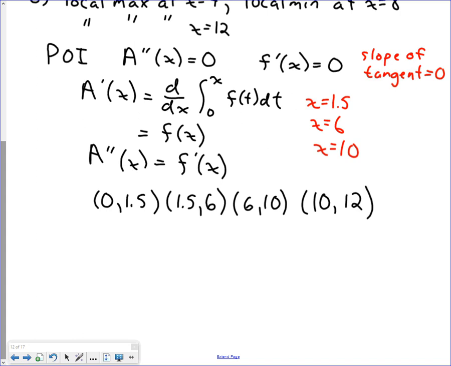And in this interval, we want to check the sign of our second derivative, or the sign of our first derivative of f. So what is the sign of the slope of the tangent?